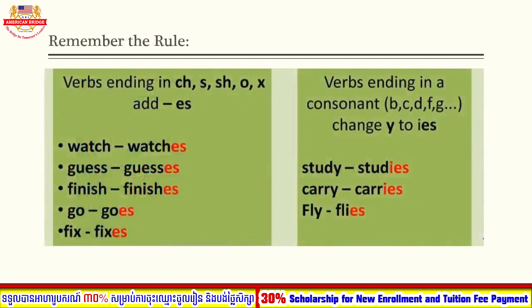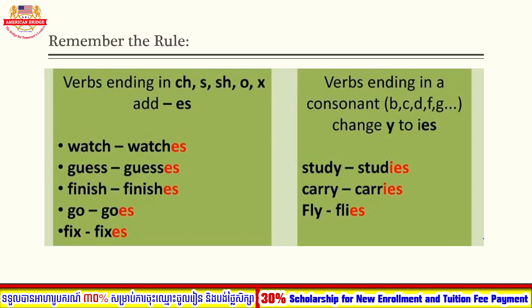Okay, so before we start our exercise, teacher wants you to remember again the rule that we need to use in present simple. As you know already, for verbs in present simple, in a positive sentence, if the verb ends in ch, s, sh, o, or x, you need to add es.